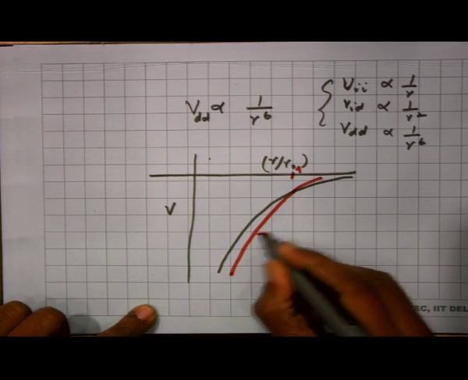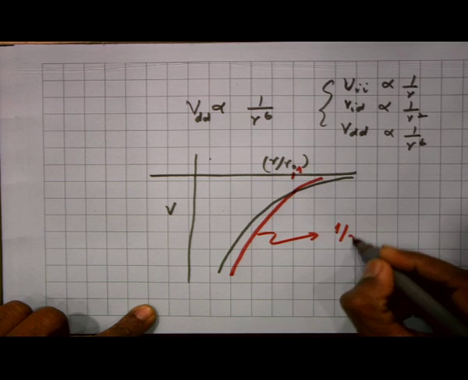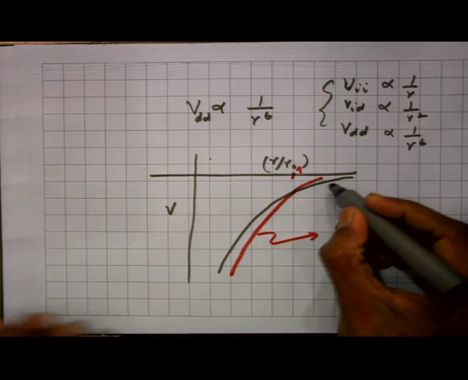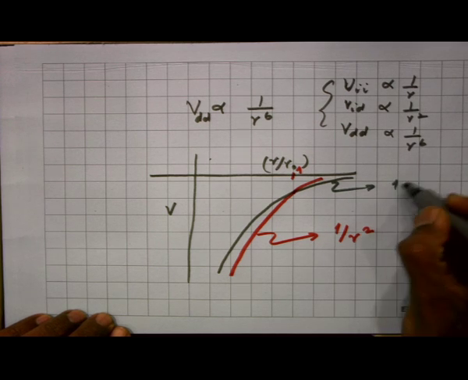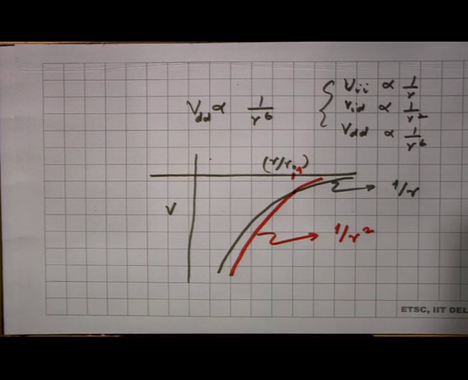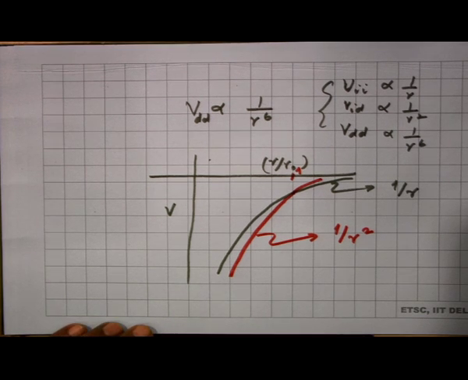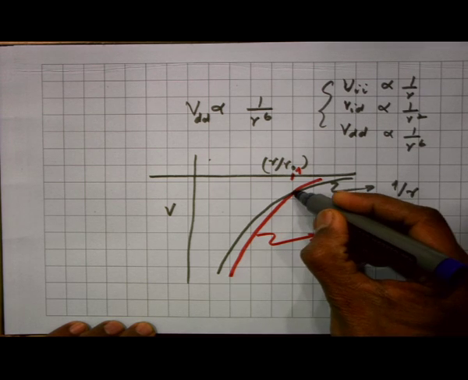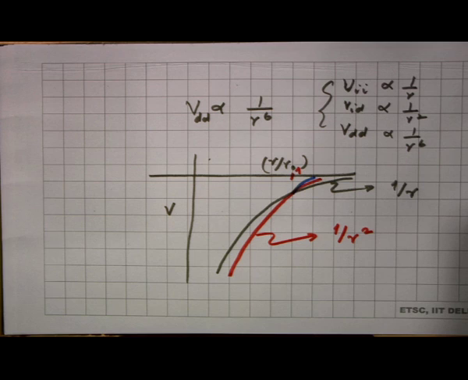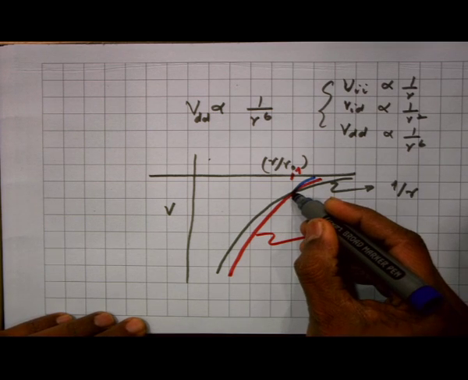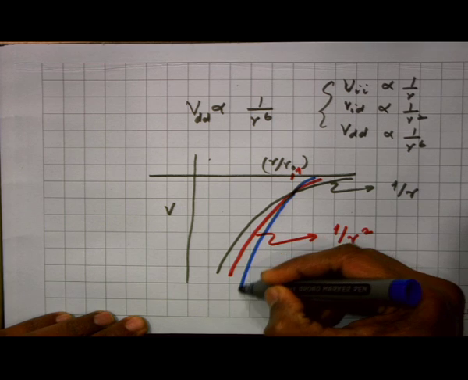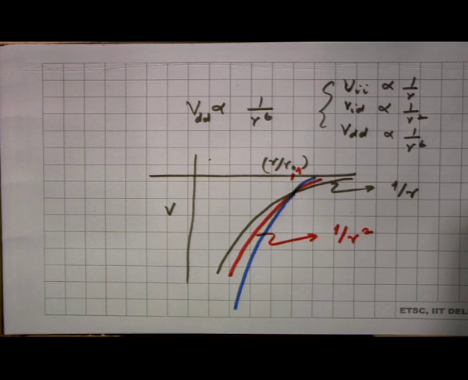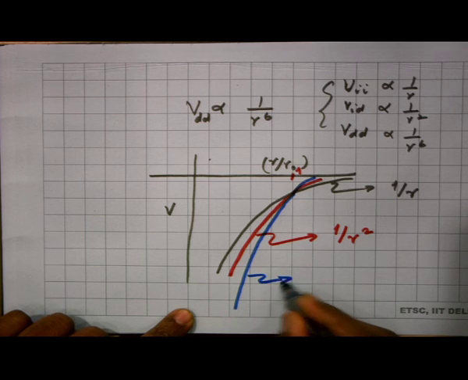So, this is 1 over r square, this is 1 over r, and if you plotted 1 over r to the 6 at the same point, it will lie on top of all of the others, but it goes even steeper, and this is 1 over r to the 6.